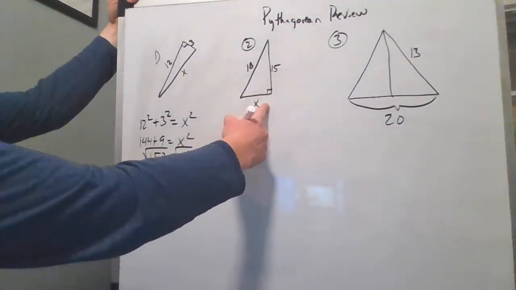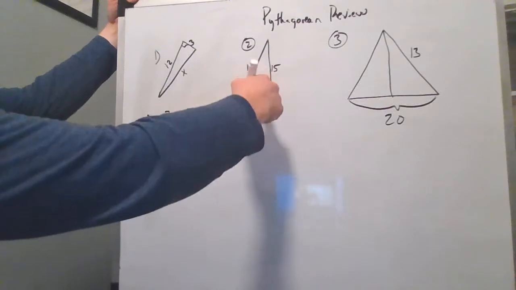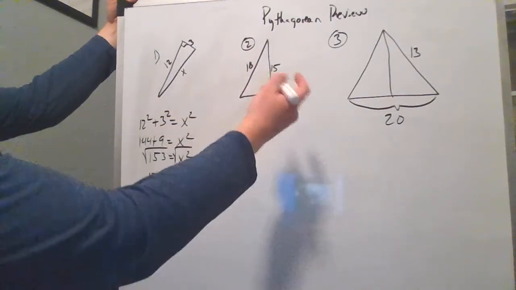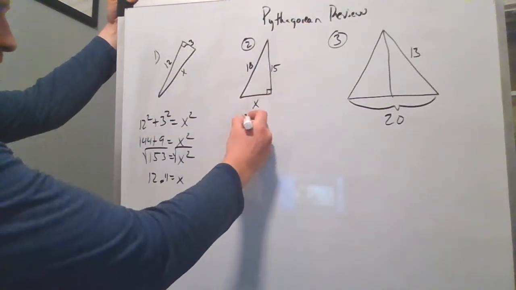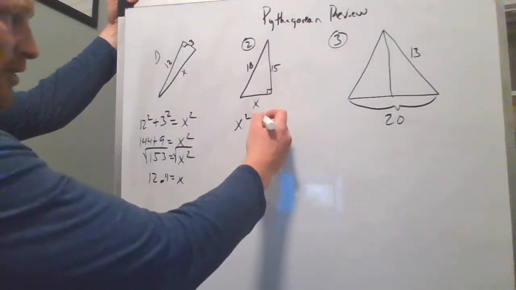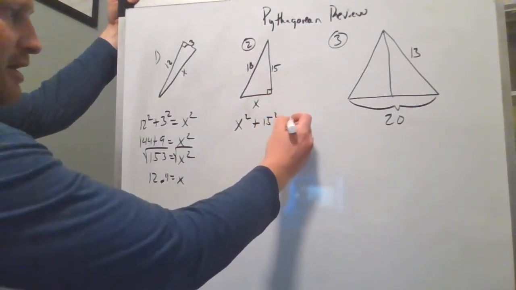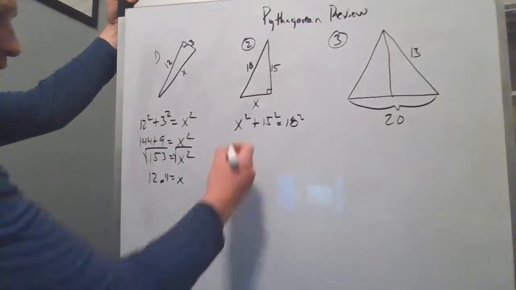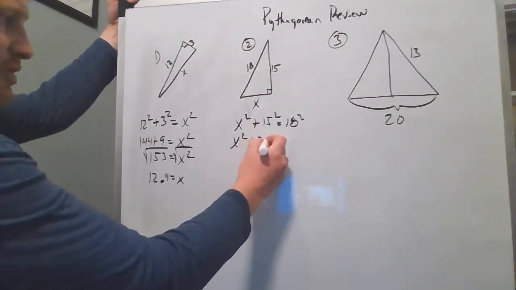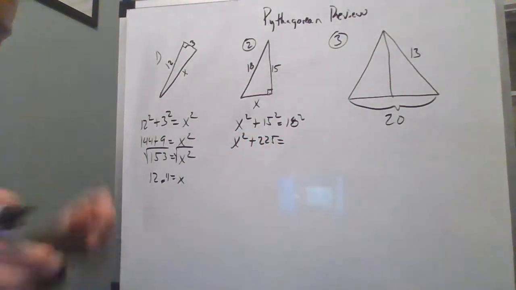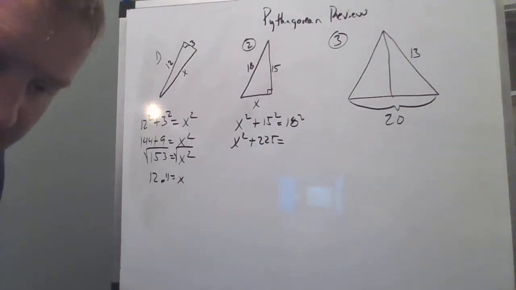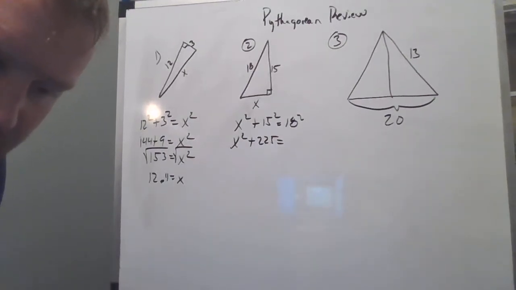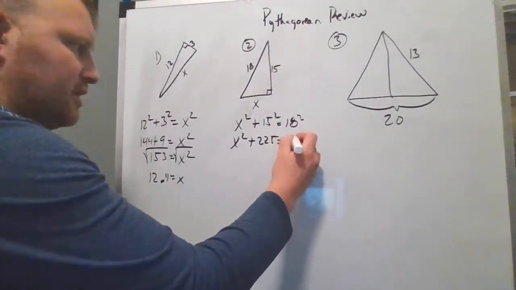Over here, on this one, I do not know either the A or B because that's attached to my leg. So let's just call that the A. So I can call that x squared or A squared plus 15 squared equals 18 squared. So x squared plus 225 equals, what the heck is 18 squared? 18 squared is 324.